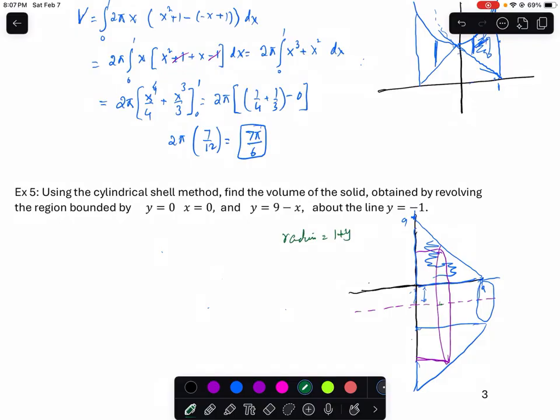And then the height will be, so this will be the height, is the x value, so we have to figure that out from this equation. So x is equal to 9 minus y, so height will be 9 minus y. So our volume will be, and the limits you can see are from 0 to 9.